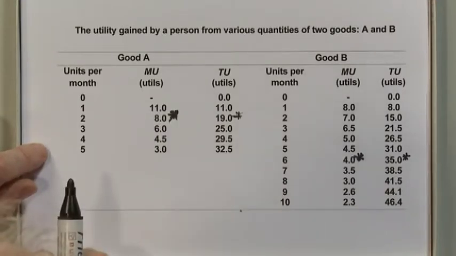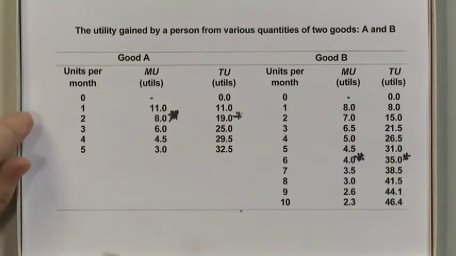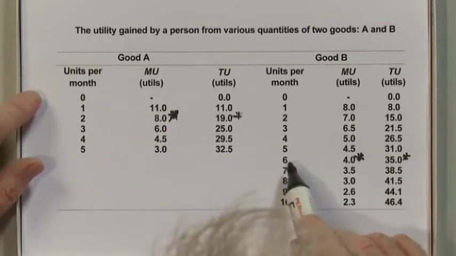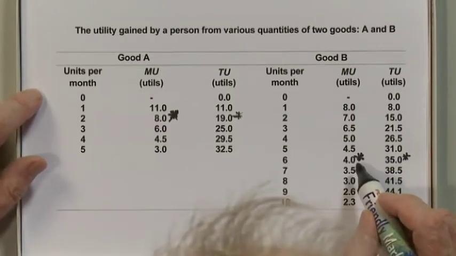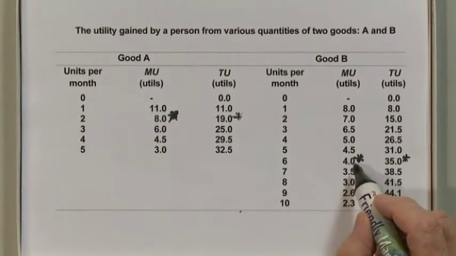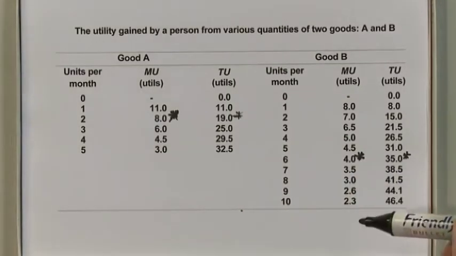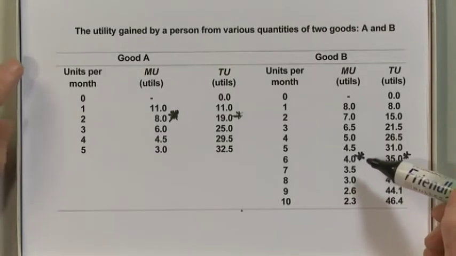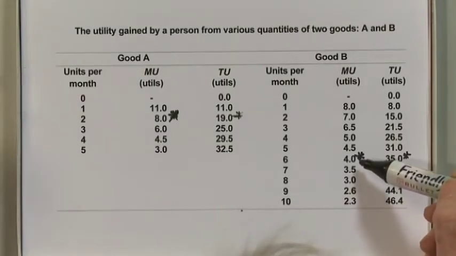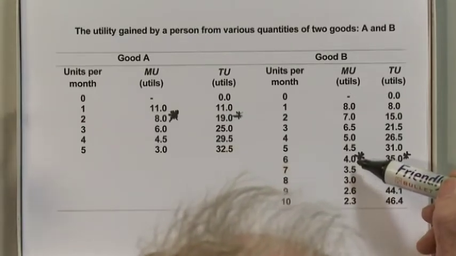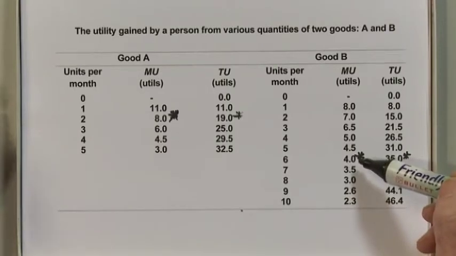Marginal utility divided by price. Now look at B. The last unit of B that you consumed got you 4 degrees of utility. What was the price of B? £1. So how much was the additional utility on the last pound's worth of B spent? 4, marginal utility, divided by the price, 1, 4 over 1 is 4.